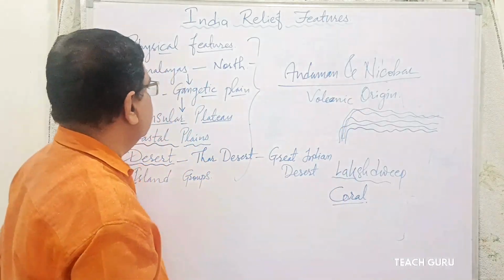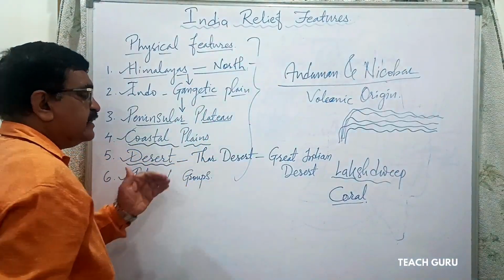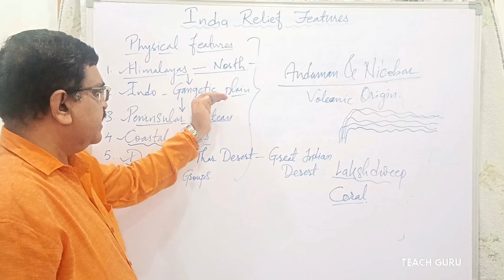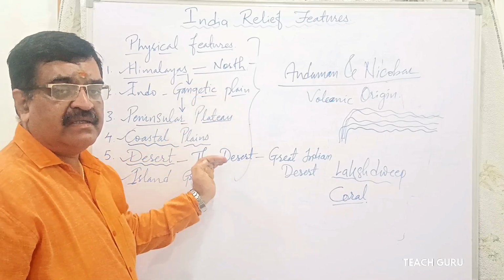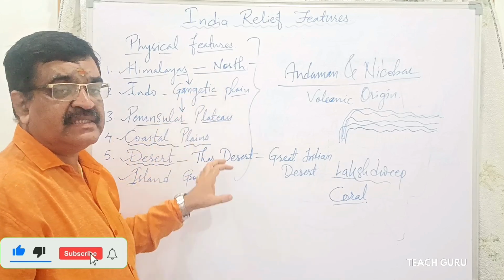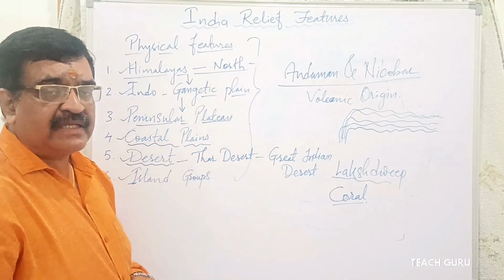Tomorrow we will discuss totally about the Himalayas, its formation, the advantages and disadvantages of Himalayas. And regularly, day by day, we will discuss the formation, advantages and disadvantages of each and every physical feature in our India.